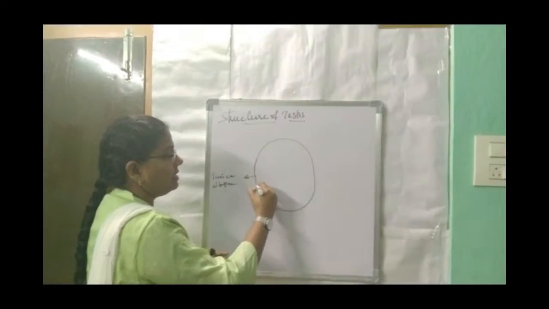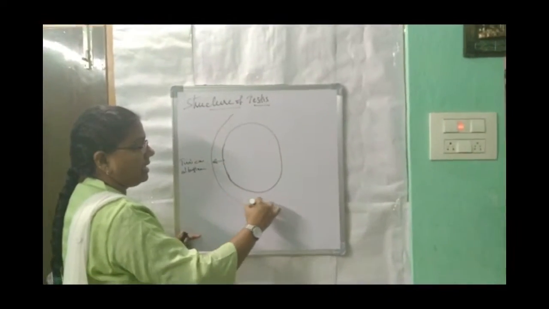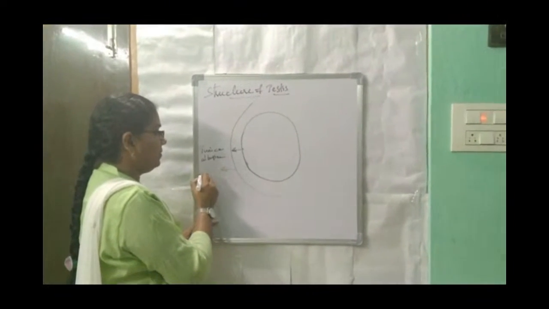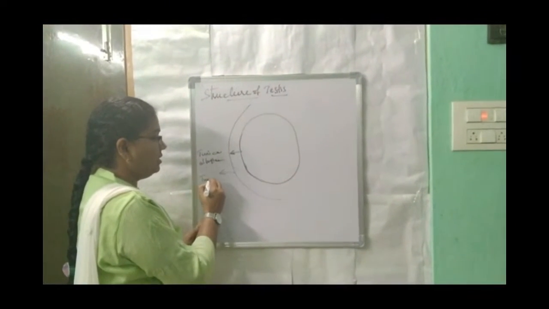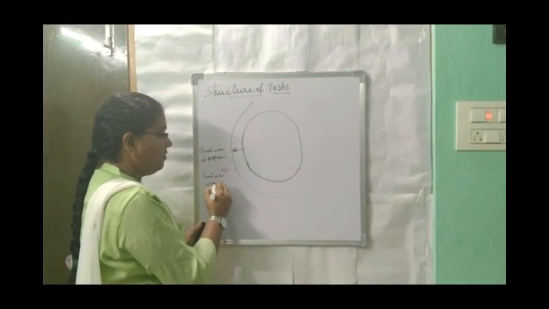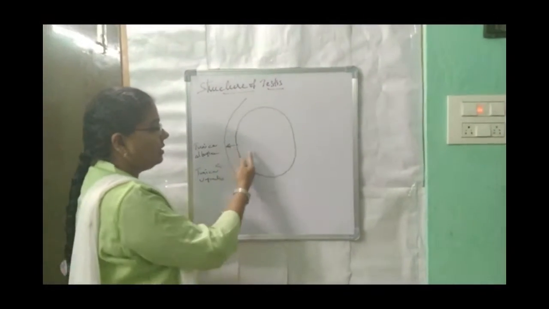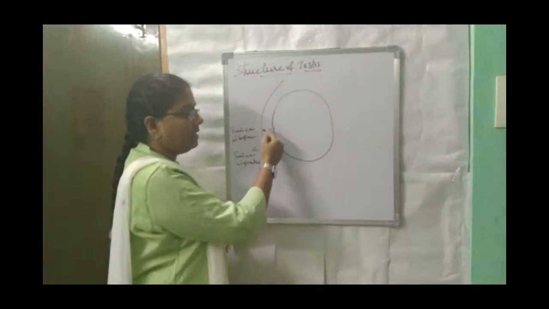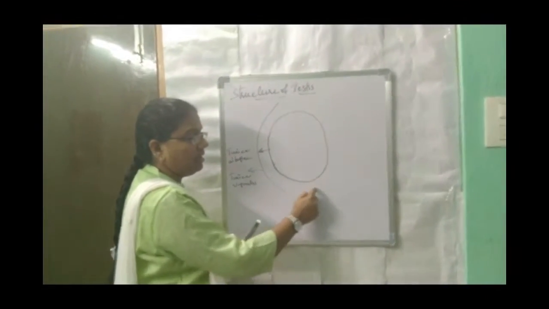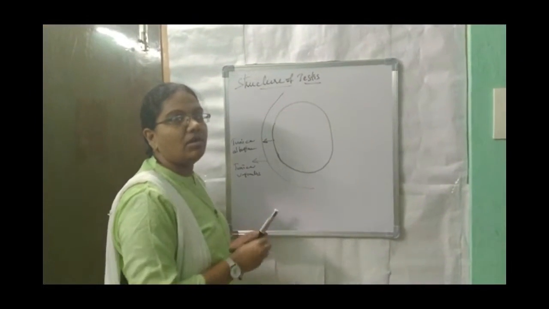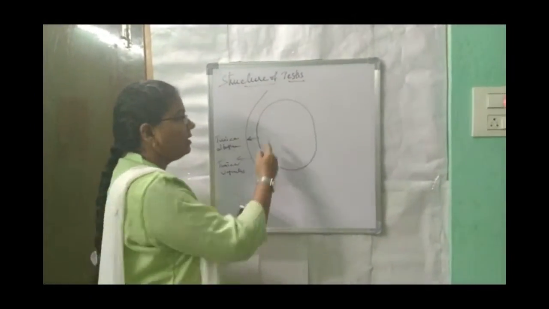The testis is located in the scrotal sac. The scrotal layer is called the tunica vaginalis. Between the testis and the scrotum, there is a space called the hydrocoelom. The space is filled with liquid, and the liquid is called hydrocoelom.